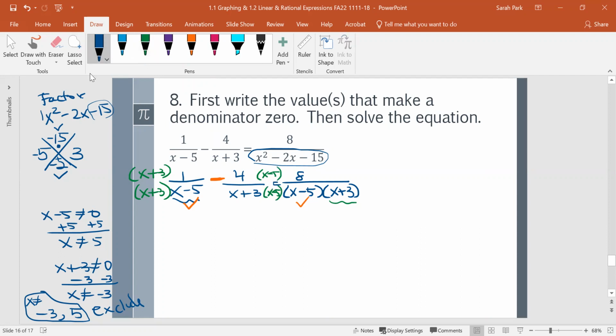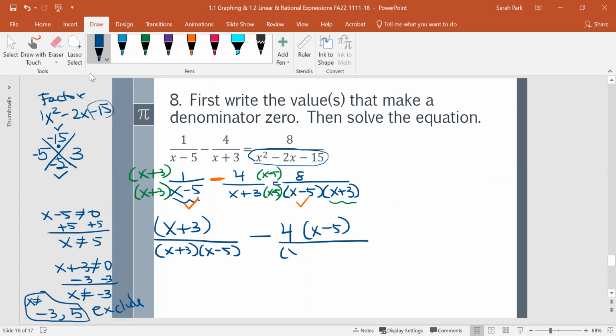So if we rewrite what we have, x plus 3 up top multiplied by the 1, and then the bottom denominator is x plus 3, x minus 5, minus the 4 times the x minus 5. The denominator, which we made the same, is x plus 3, x minus 5. Notice how I'm putting parentheses around the original denominator.